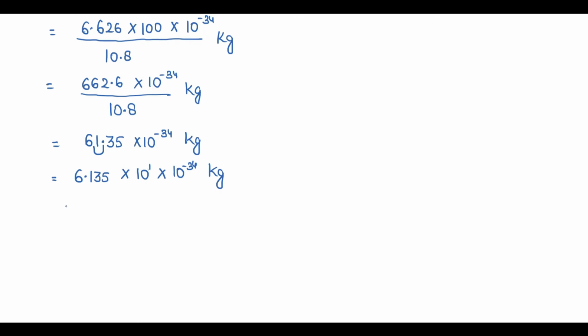So these two powers are in multiplication. So I'll add them. 6.135 into 10 raised to power 1 minus 34 kg. So 1 minus 34, your final answer, that means mass of photon will be 6.135 into 10 raised to power minus 33 kg.